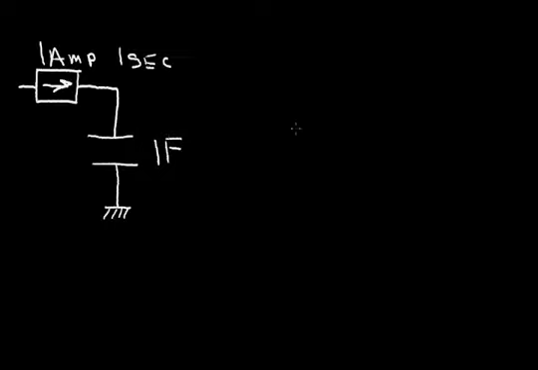So let's plot this current. Initially we start with 0 current, and at some time we ramp up to 1 amp of current, and it stays 1 amp for 1 second, then it comes back to 0.